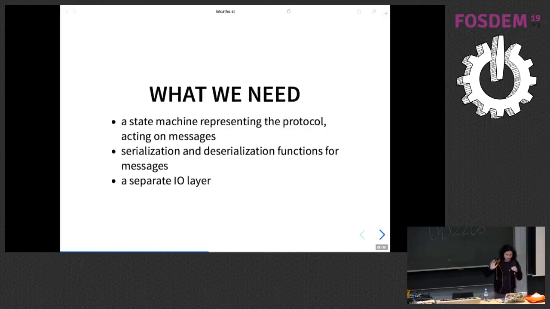So, to sum up, I want to represent a protocol state machine that just takes messages. I want a way to move these messages back and forth with the network I/O and with buffers. And I want to separate the I/O layer, because the I/O layer is the responsibility of my application. The protocol should not decide how many HTTP clients I can handle concurrently.